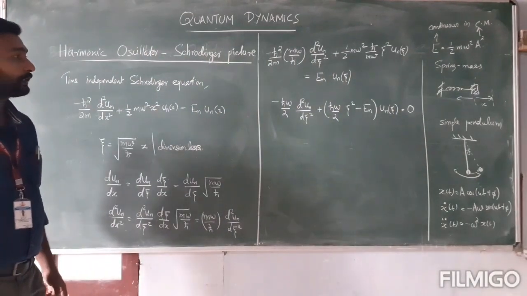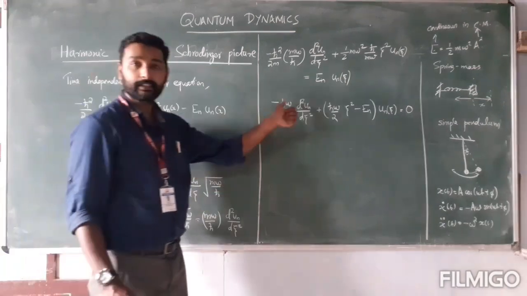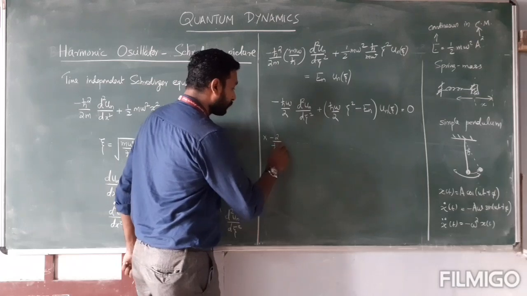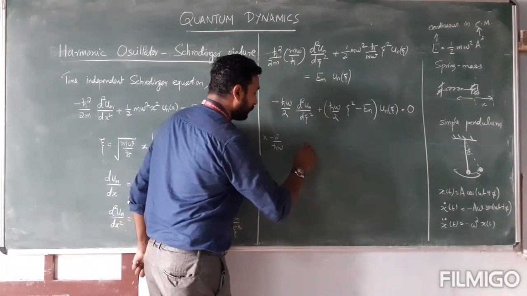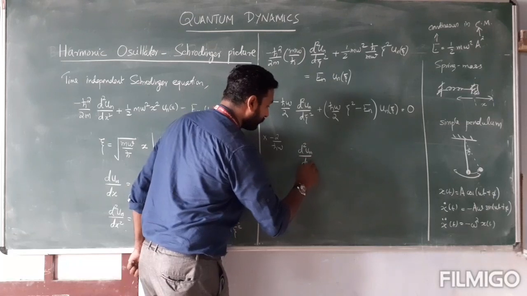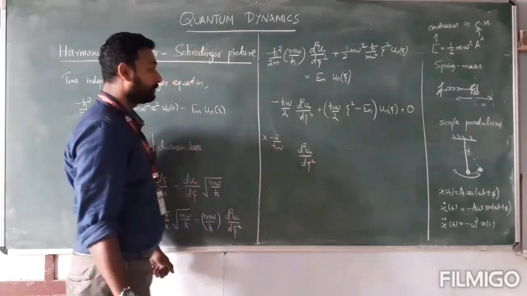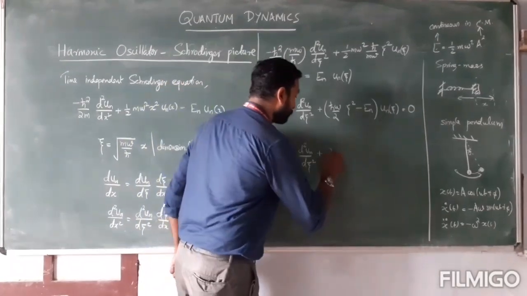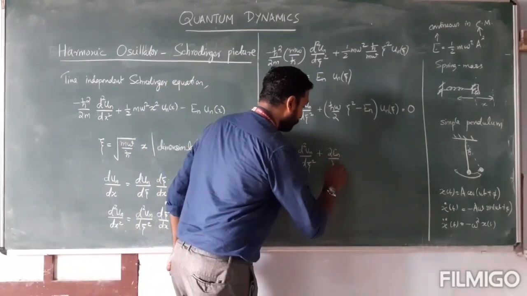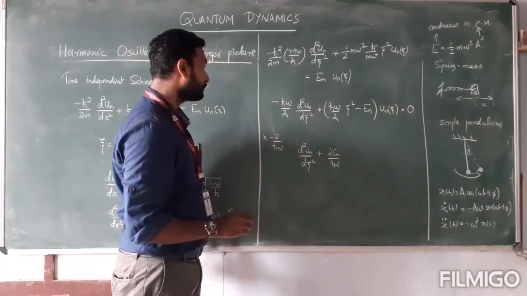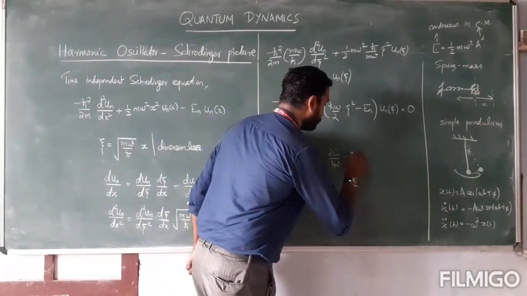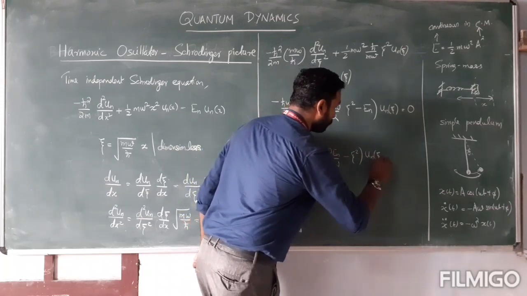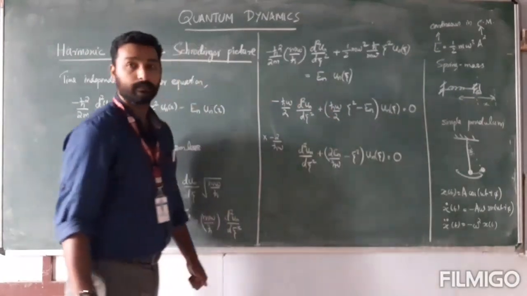So throughout I can multiply by minus 2 by h cross omega. There will be only d square un by d theta square here, plus 2 en by h cross omega, minus theta square, un of theta equal to 0.